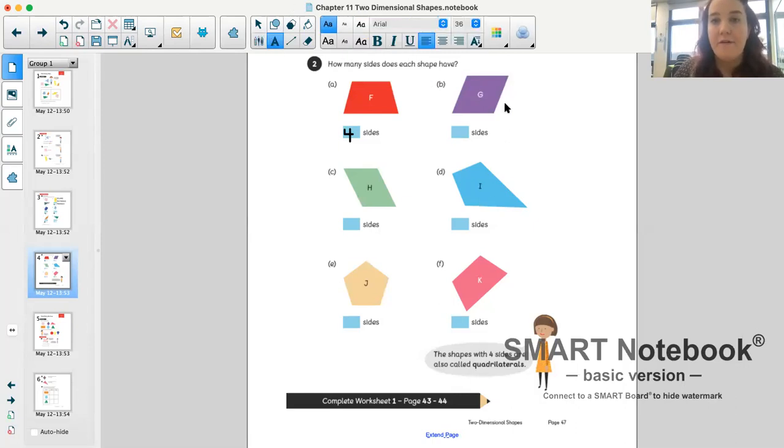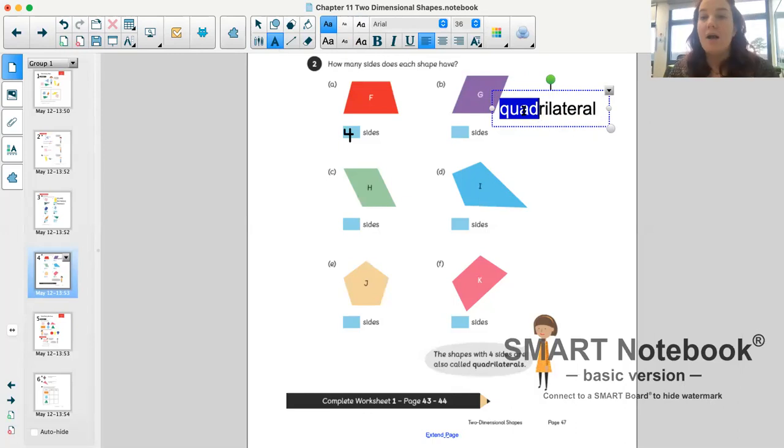Let me spell that for you. Quadrilateral. Okay, because a quad bike has 4 tires. It has 4 wheels. So that's how I remember it, a quadrilateral. So if you're in doubt and you find that it's got 4 sides, you can just say quadrilateral.